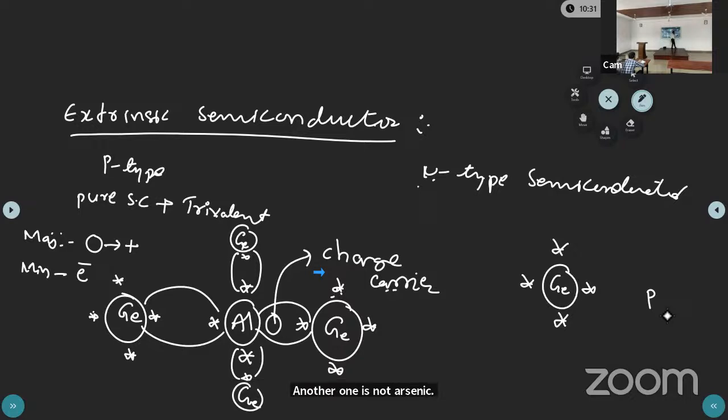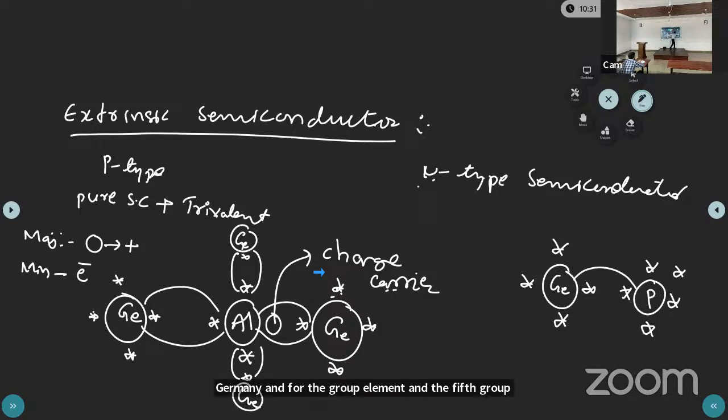So I will use phosphorus. How many valence electrons does phosphorus have? 5 valence electrons.